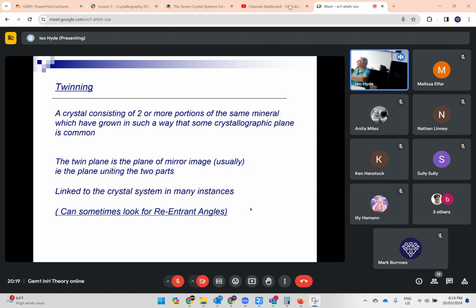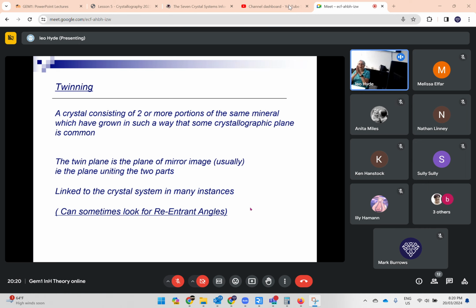Okay, twinning's easy. Twinning, again, a definition: two or more portions of that same mineral, be it quartz or whatever, have grown in such a way that they have a plane in common. So it's not just two crystals growing next to each other or a cluster.